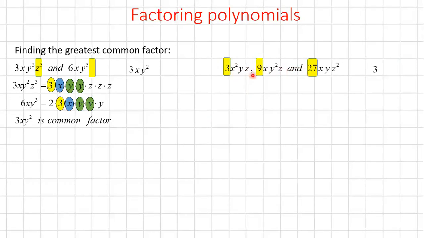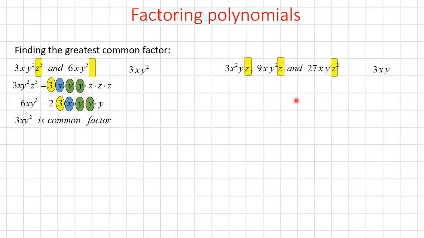Now look at the next step: x squared, x, and x. As you know, x squared can be written x times x. The common between these 3 is x. Next, y squared, y, and y. Y squared is y times y, and the common is y.